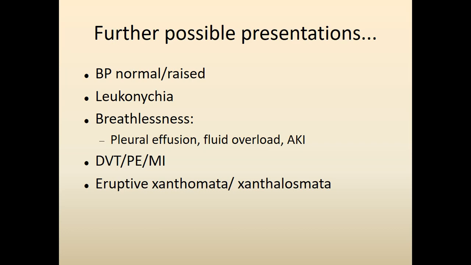DVT, pulmonary embolism, and myocardial infarction are the common complications of nephrotic syndrome, because this is a hypercoagulable state. Why? Because of the proteinuria, the coagulation proteins are lost in the urine, and the feedback to the liver increases the hepatic synthesis of coagulation proteins. Second, hyperlipidemia can accelerate atherogenesis, which leads to arterial thrombosis.